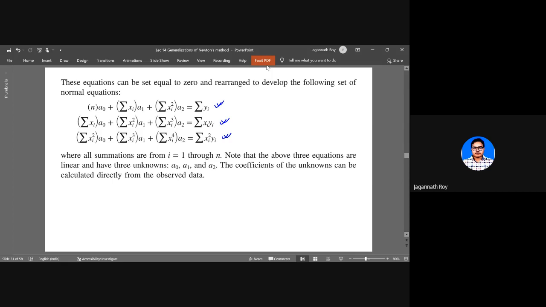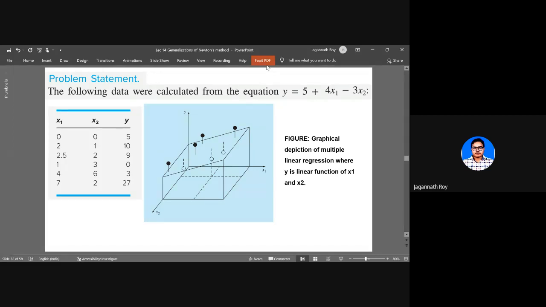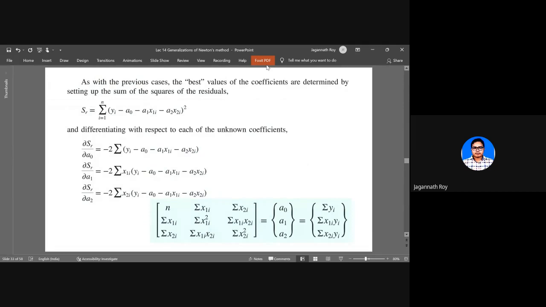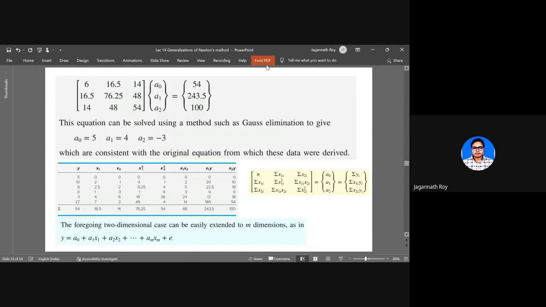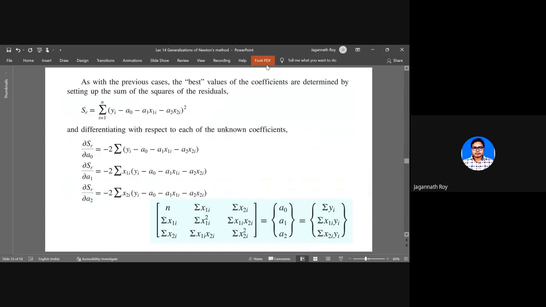And our aim is to find out these 3 values. For an example, this is a different case actually. If we have it of this form, let me just show. So this is A0, A1 and A2. This type of case we can find. So from there, if you find out these values, then directly you can get the parabolic equation.